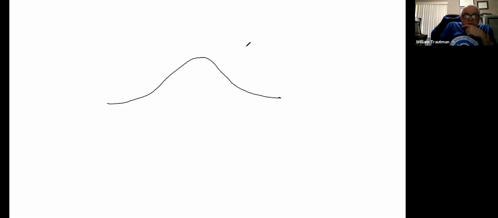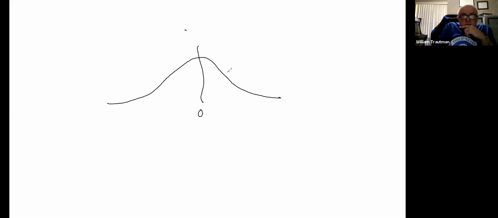Here's a normal curve. Here's the Z of 0. Trying to find this Z value?